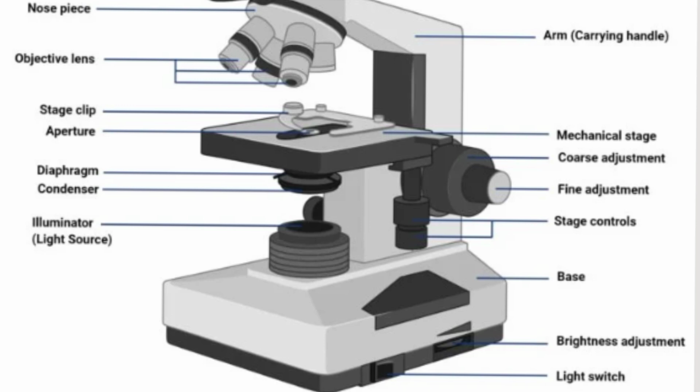The shortest among the 4 objective lenses has 4 times magnification. Then the next one, 10 times, 40 times, and 100 times, which is the longest, allowing users to view the specimen at various levels of detail. Later, we are going to talk more about objective lenses.